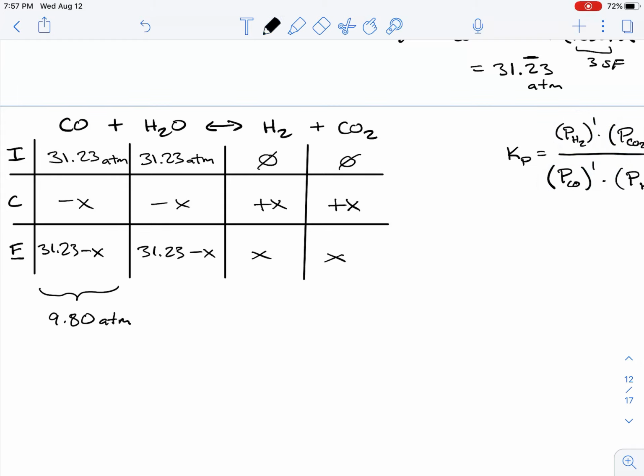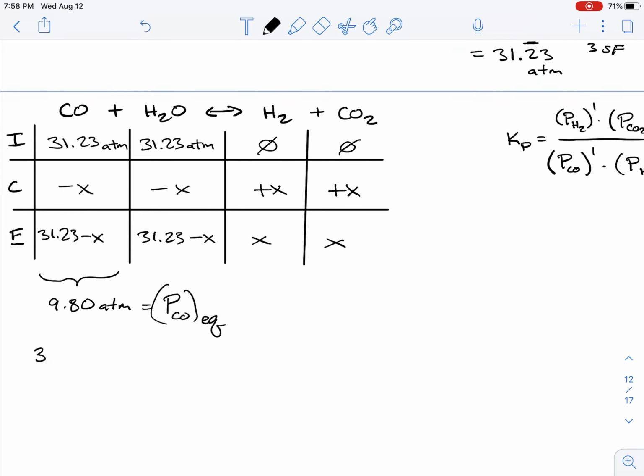Now, the problem told us that this is the equilibrium partial pressure of CO. And so that must mean that 31.23 minus x is going to equal 9.80 atmosphere.